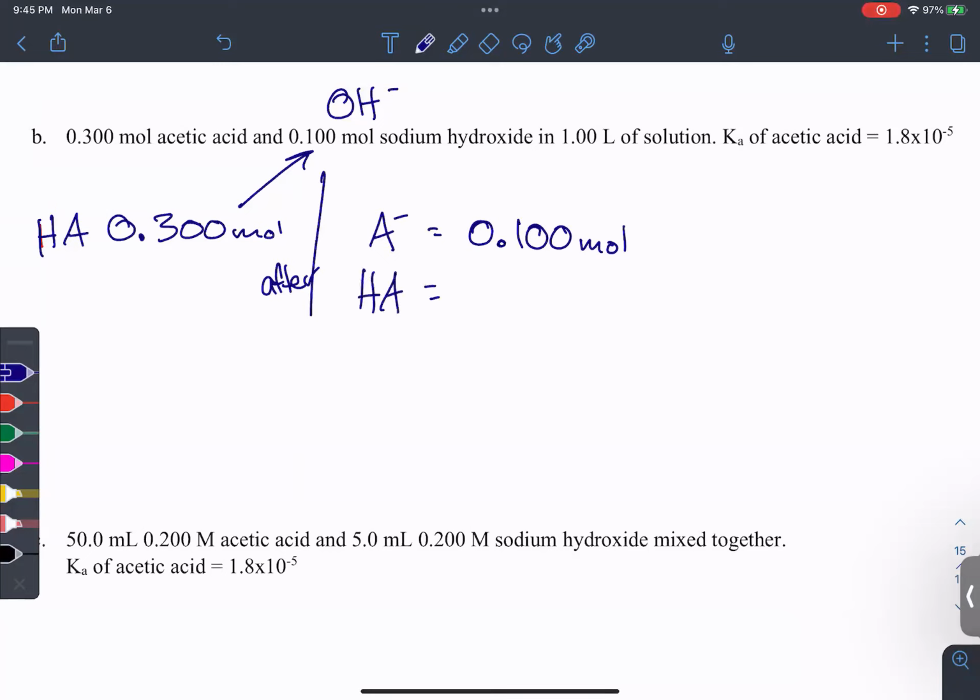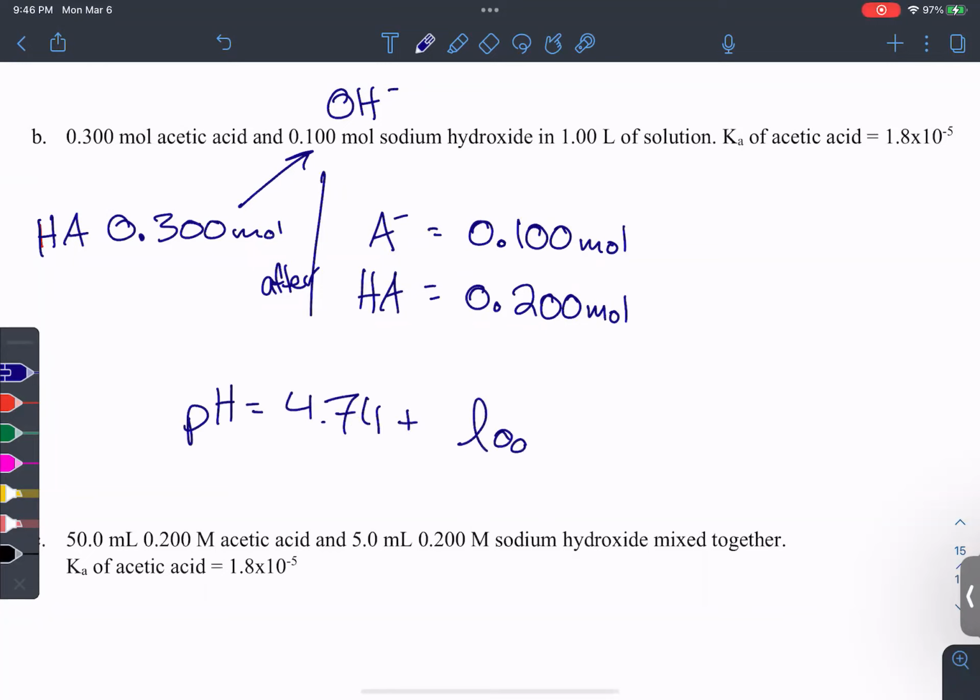How much HA do I have left? Do I have 0.3? No, some of it's consumed. So how much is left? 0.2. See how I try to make everything easy, whole numbers? All right. These are the numbers that go into the Henderson-Hasselbalch equation. So pH equals pKa, the same Ka, so 4.74 plus log, what goes on the top?